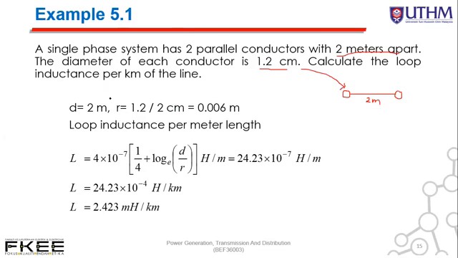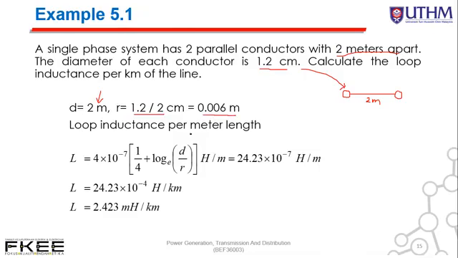So here, given D, the distance between the two conductors, equals 2 meters. From the diameter given, we can calculate the radius, which is 1.2 cm divided by 2, so radius equals 0.06 meter.